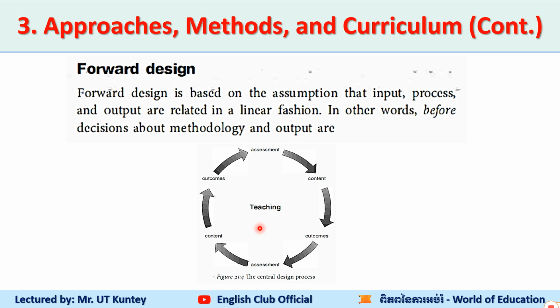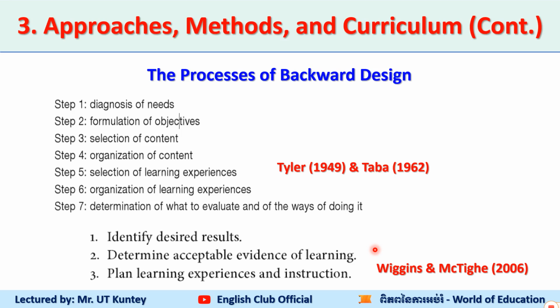And number 2, determine acceptable evidence of learning. You have to convey any evidence of the learning to support the learning outcome or learning objective. You have to find out any method or approaches to support your learning outcome.